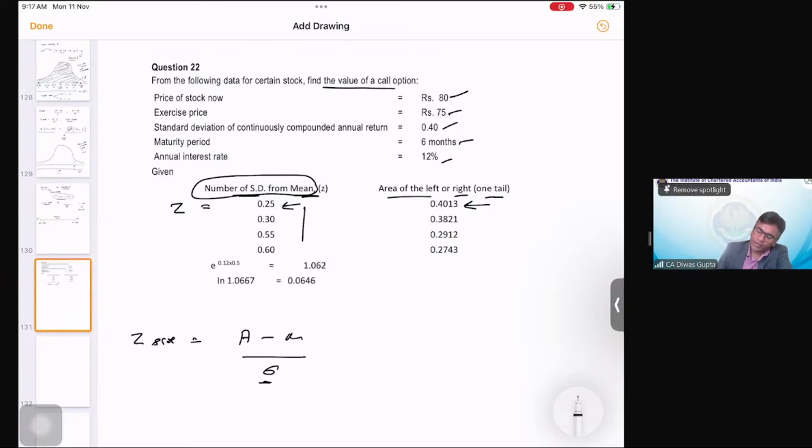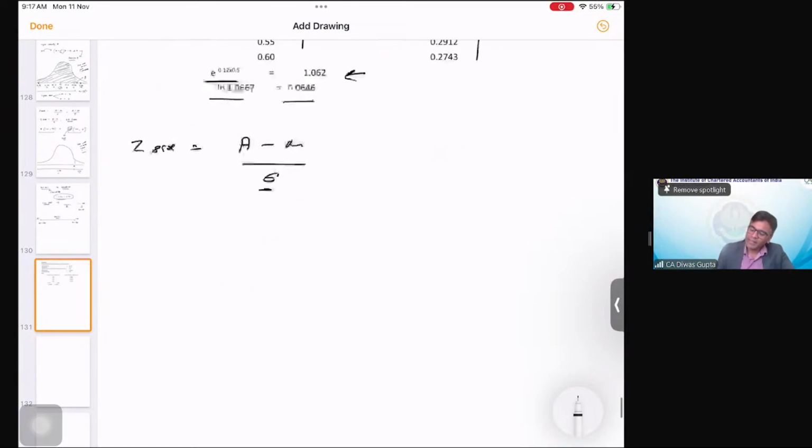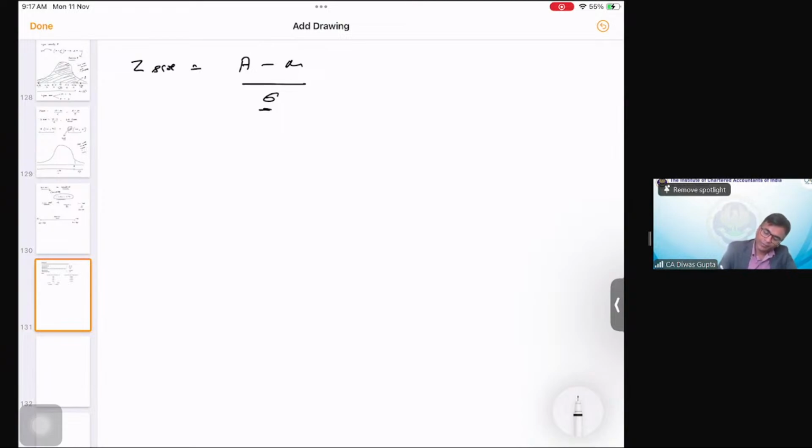Similarly, for other values also, the area of one tail is given. E raised to the power 0.15 into 0.5 is also given. This we will use in doing the present value of strike price. Natural log is also given. So everything is given. Whatever is complicated is all given. Again, I'm saying either the question will indicate how to calculate it or it will give it very specifically. So let's apply everything and calculate the call option value.